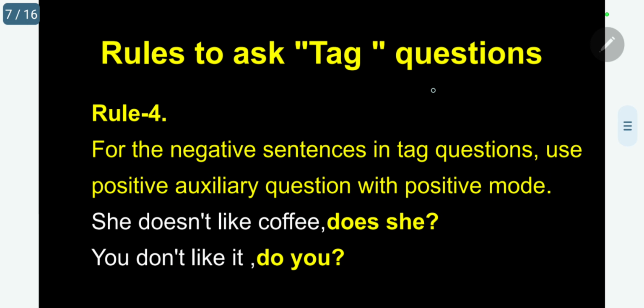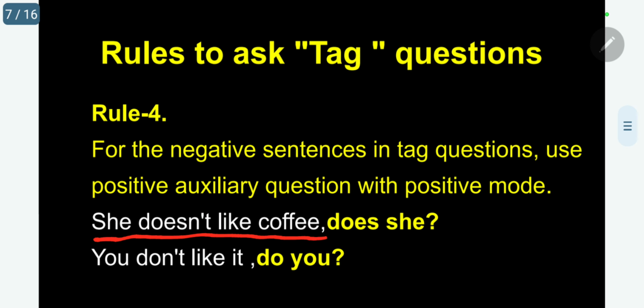Rule 4. For negative sentences as the statement in tag questions, use a positive auxiliary question with positive mode. Very, very important. Example: She doesn't like coffee. The question is: does she?